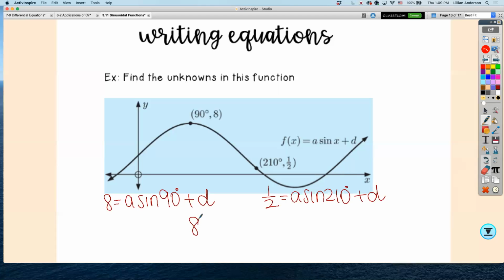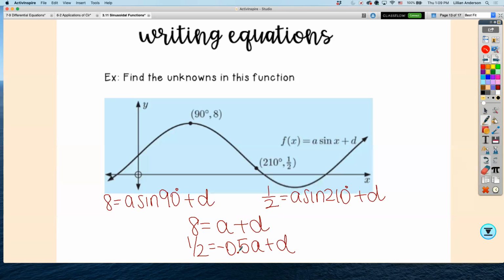So I just have 8 equals A plus D. Then someone do sine of 210 degrees. Tell me what that value is. Negative 0.5. So this sine 210 turns into negative 0.5. So it's going to be negative 0.5 A plus D.